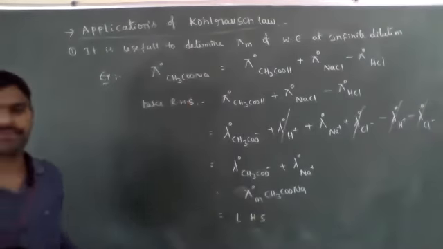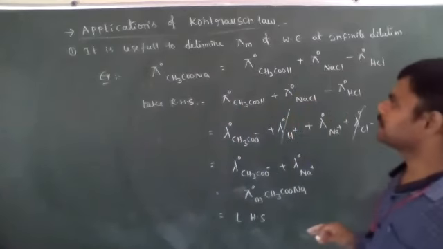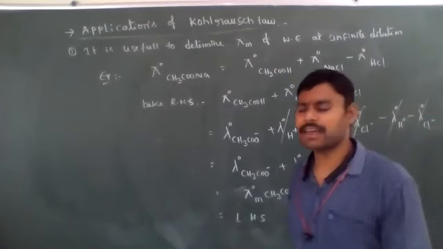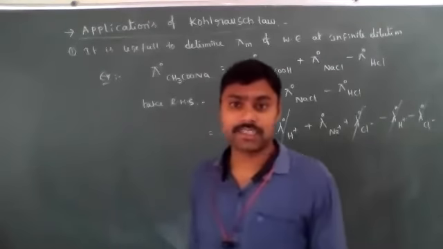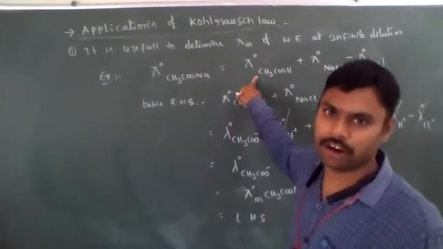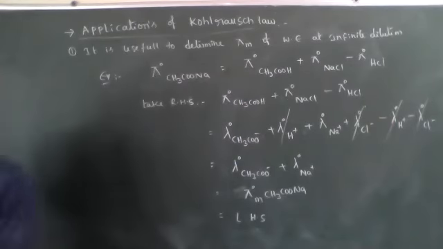Right hand side is equal to left hand side. So this Kohlrausch law is useful to determine the molar conductance as well as equivalent conductance of weak electrolytes at infinite dilution. Similar kinds of problems they ask in board examination so many times. Let's see one example.